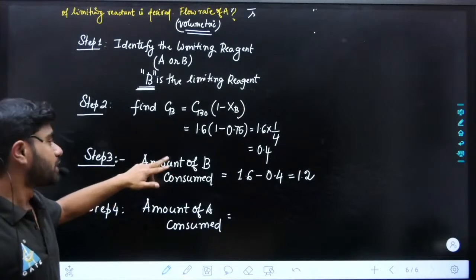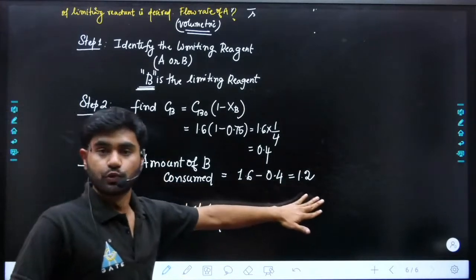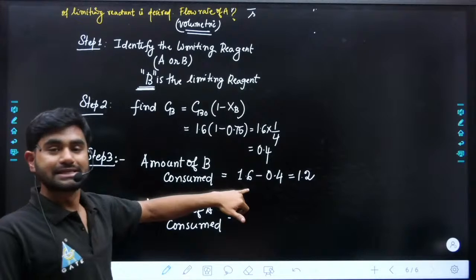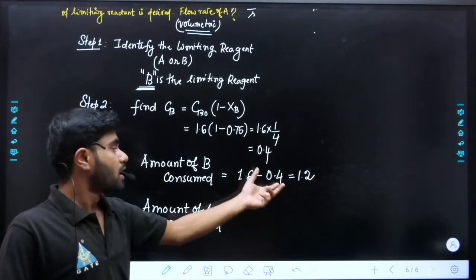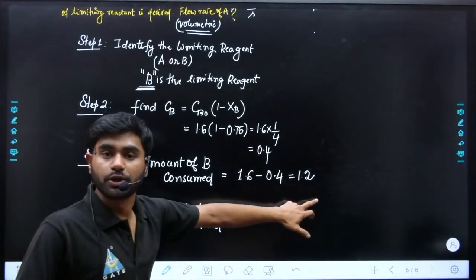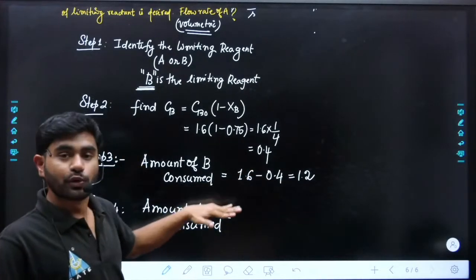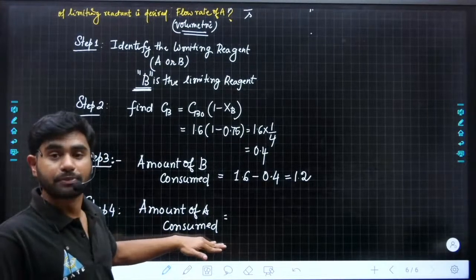Because we have known that B consumed is 1.2. 1.6 has been taken, 0.4 moles has been left out, and how much is consumed? 1.2. So according to this, we can know the value for the A consumption.